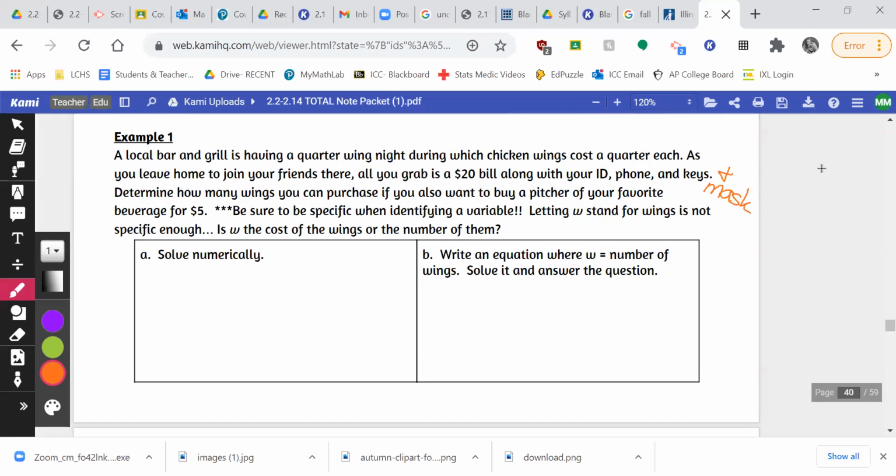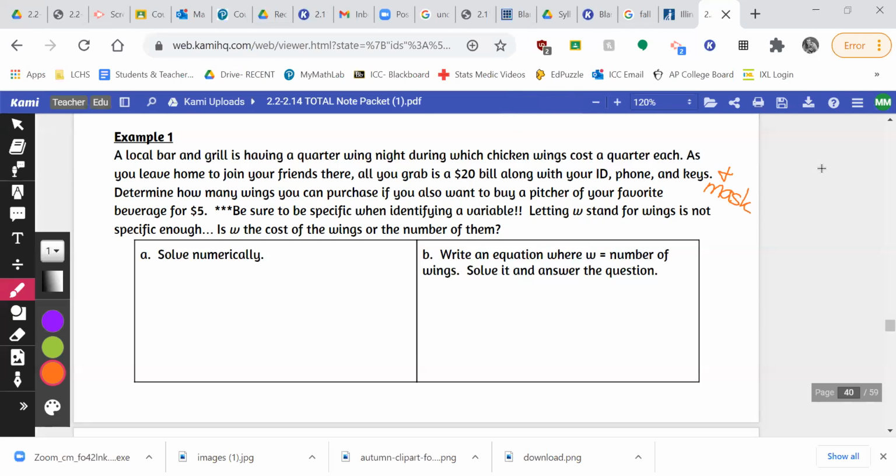Okay, so we'll make this 2020 friendly. Determine how many wings you can purchase if you also want to buy a pitcher of your favorite beverage for $5. If you are over the age of 21, you can decide what that favorite beverage would be.